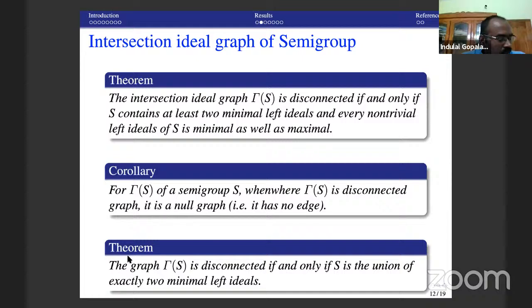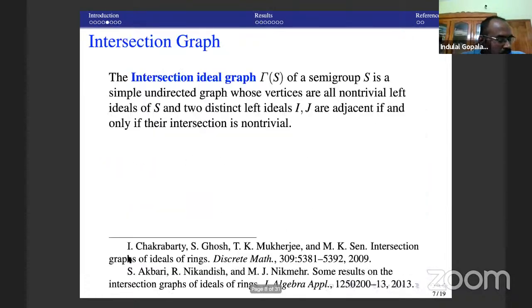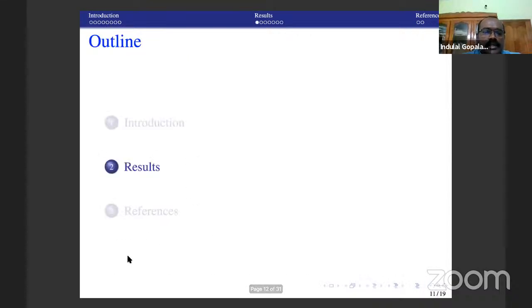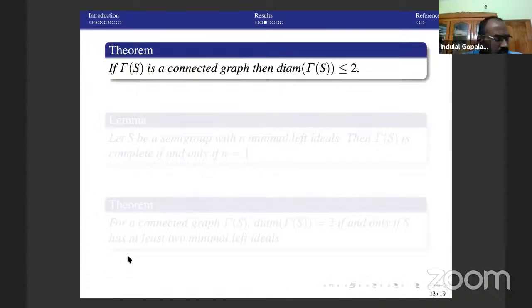Okay, let me ask you one question, Jitendra. Yeah, sure. This gamma S, the intersection graph of this semigroup ideal, is of diameter less than or equal to 2. Is it an advantage or a disadvantage when we consider gamma S? Because gamma S is then a very restricted class of graphs with a diameter less than or equal to 2.